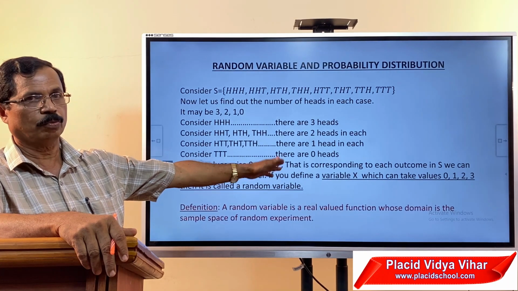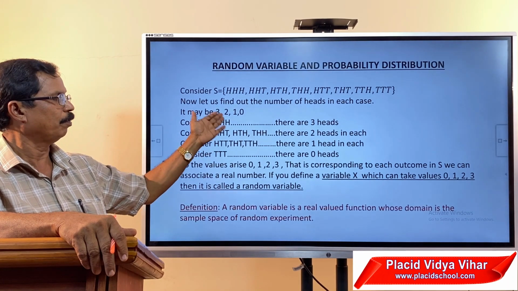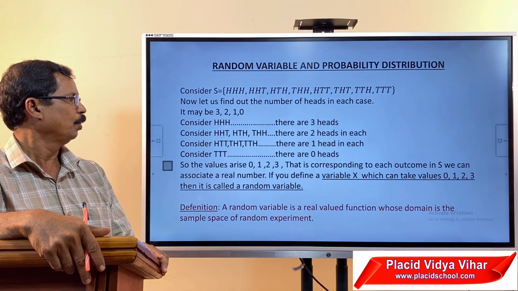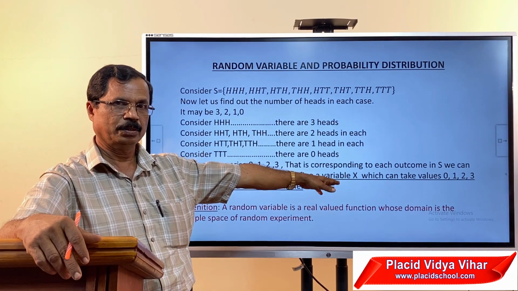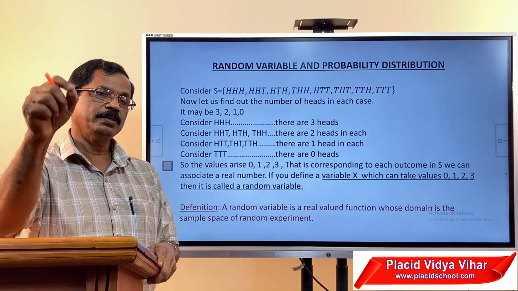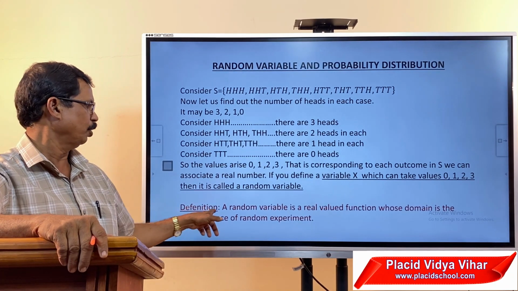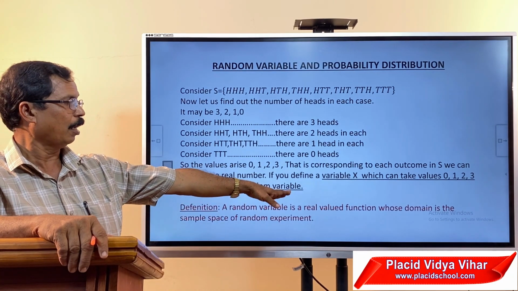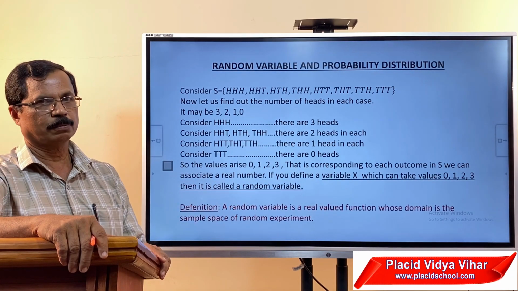Once again you go through what are the different number of heads. They are 0, 1, 2, 3 or 3, 2, 1, 0. So you assign a variable to that, that is x. Suppose x can take values 0, 1, 2, 3. Then we say that x is a random variable. Okay, that is the definition for random variable. You can write: a random variable is a real valued function whose domain is the sample space of a random experiment.